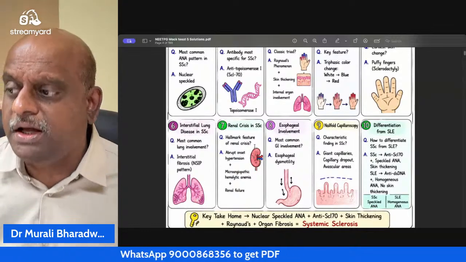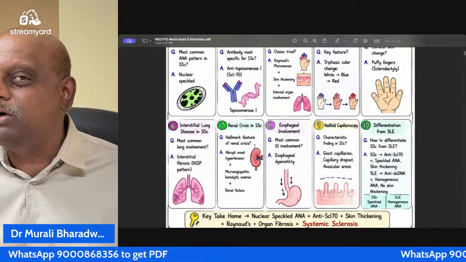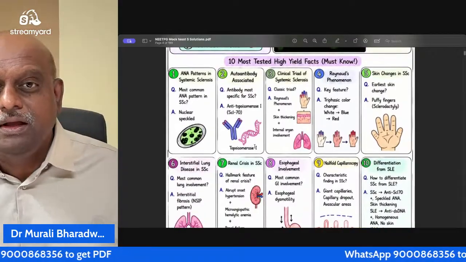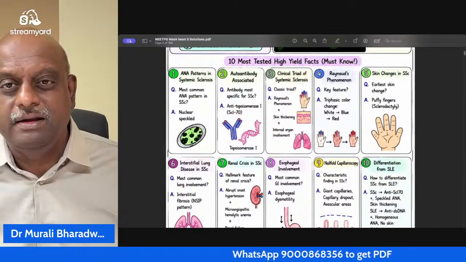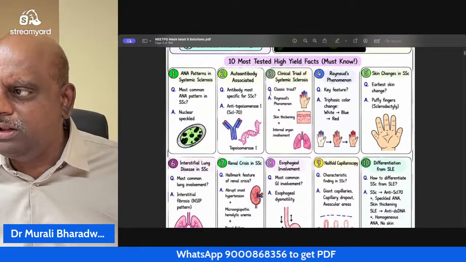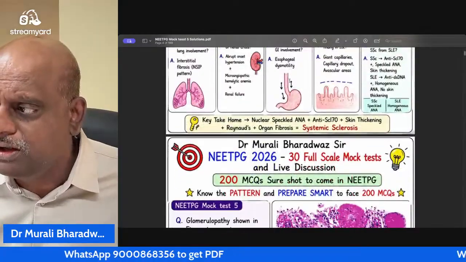Interstitial lung disease is the most common type of lung involvement in systemic sclerosis. Raynaud's phenomenon, thickening of the skin, internal organ involvement are all features of systemic sclerosis. Anything about it, you need to be doubly sure for tomorrow's exam.